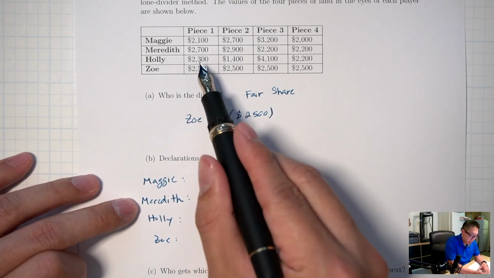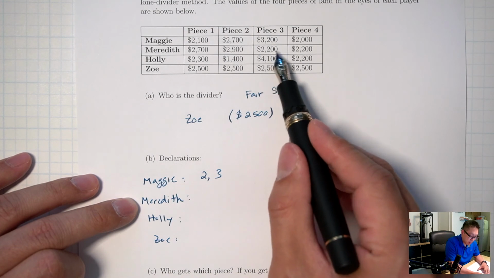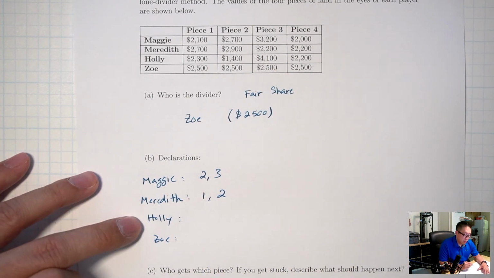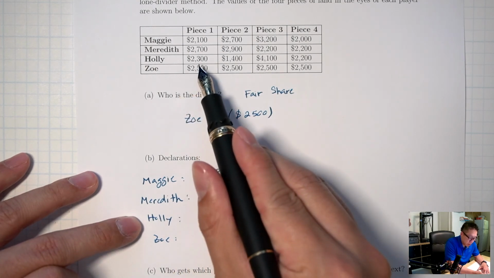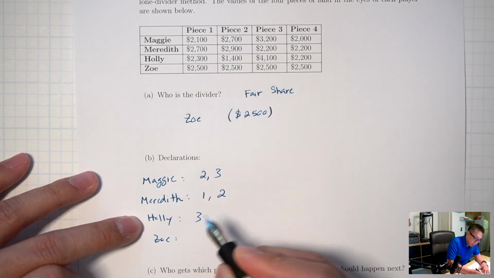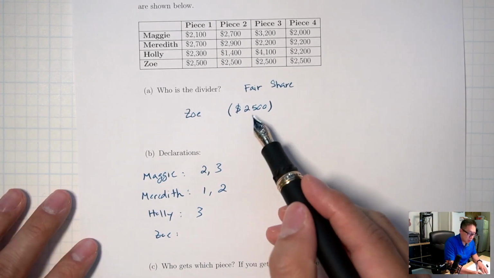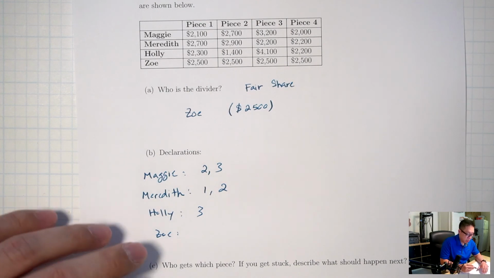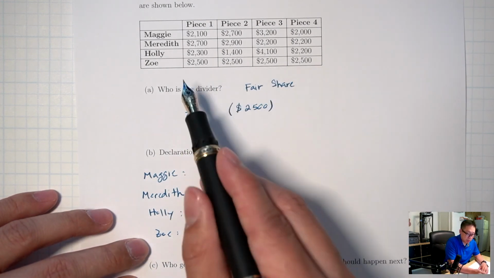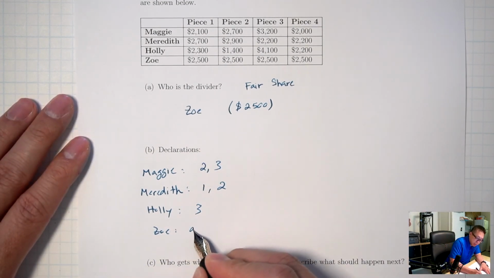For Meredith, piece 1 is good, piece 2 is good, 3 and 4 are no good. So this is just 1 and 2. Holly, 1 is no good, 2 is no good, 3 is good, and 4 is no good. Once again, these are the pieces that are 2,500 or more. And then Zoe, who was the divider, would accept any of those pieces, since all of them are 2,500 or more. So Zoe would be any.